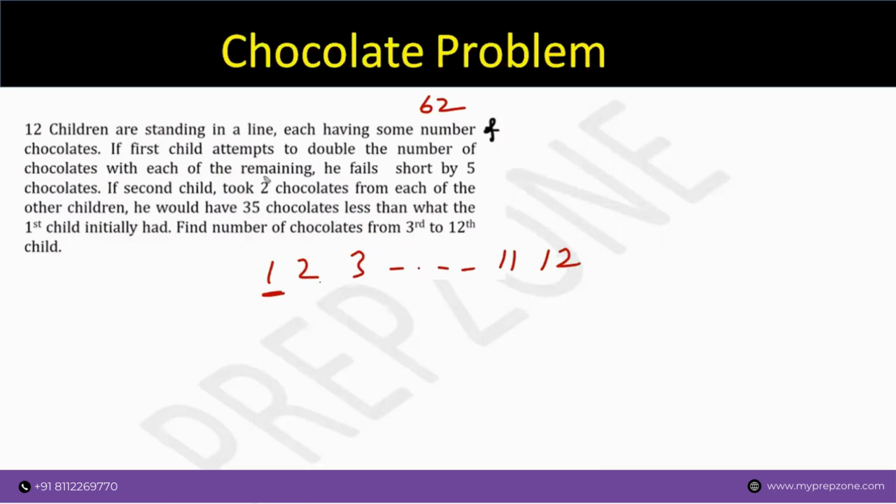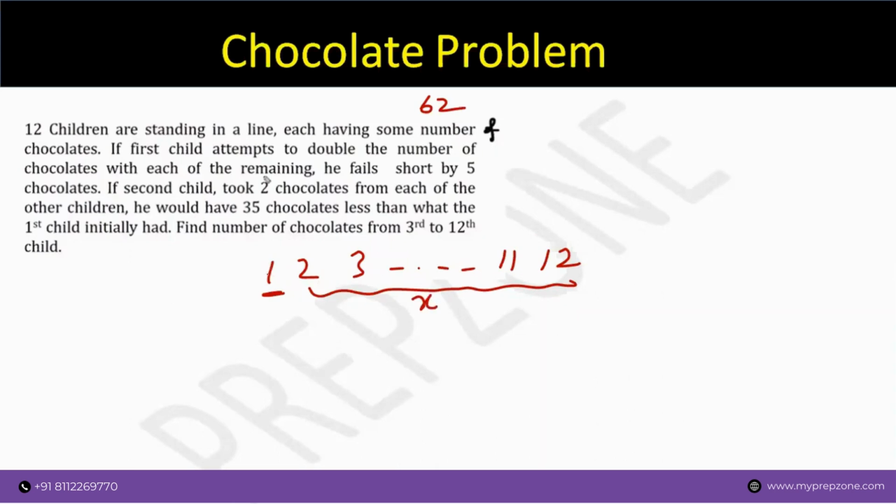The first person is actually trying to double the number of chocolates with each of the remaining. Say for example, if there are 5 persons and the first person wants to double the number of items that the other 4 have, it means he will give some of his items so that everyone else's items double. So I will assume that the second plus third plus fourth up to the 12th, all of them in total had x chocolates earlier.